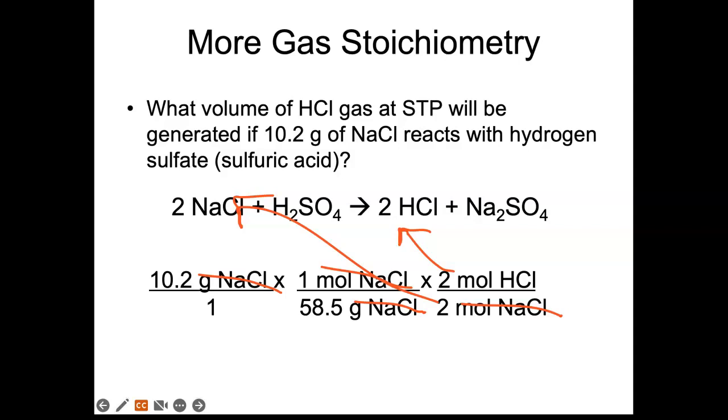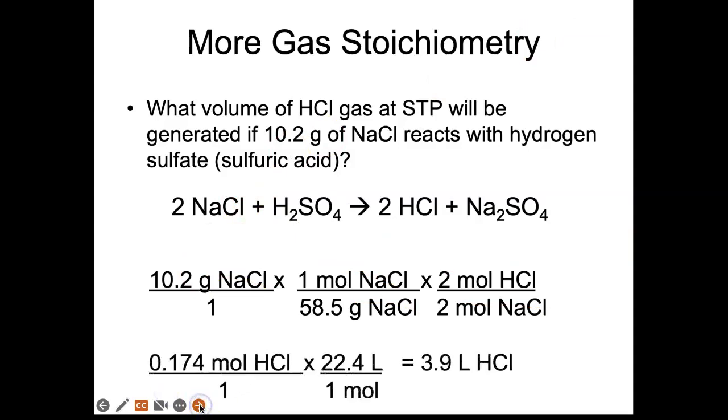And so if you go straight across the top, 10.2 times 1 times 2 divided by 58.5 times 2, you should get, and I had to stop there simply because I was out of room, you should get 0.174 moles of HCl, and then use 22.4 liters is a mole. Notice your moles of HCl are going to cancel out here, and you've got 3.9, and I actually could have left that at 3 significant figures, so it'd be 3.91. I saw it in my calculator to round to 3 significant figures.